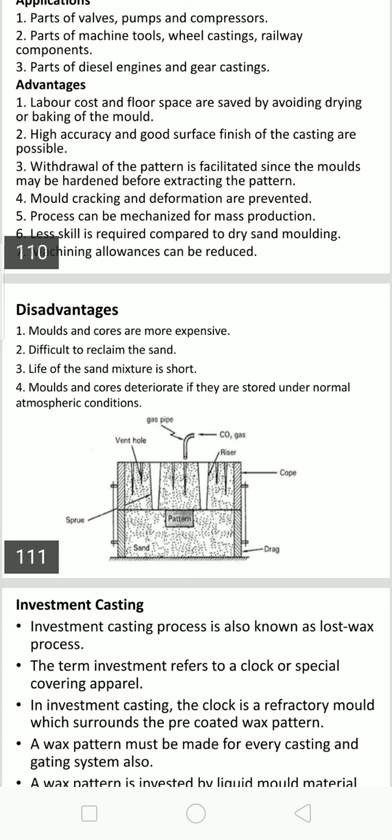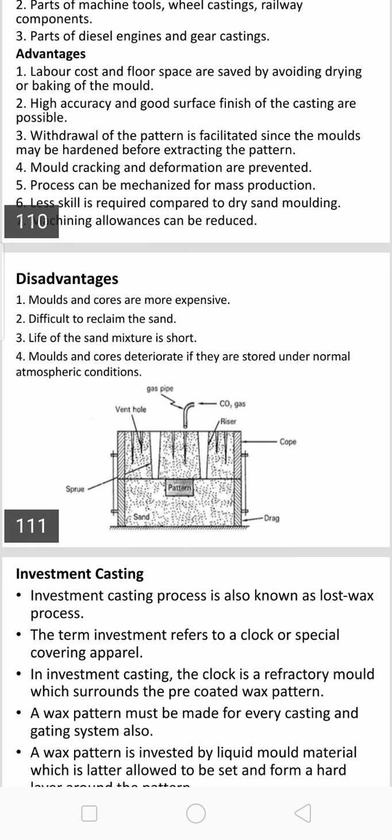As the carbon dioxide gas passes into the mold, it reacts with the sodium silicate solution. Carbon dioxide gas we are passing, and sodium silicate solution is already available in the molding sand.